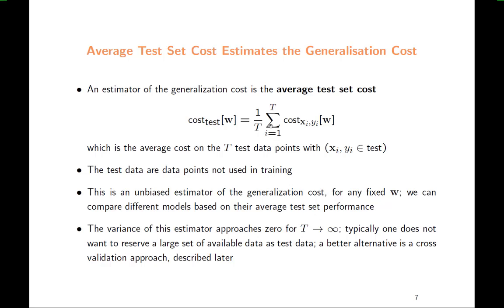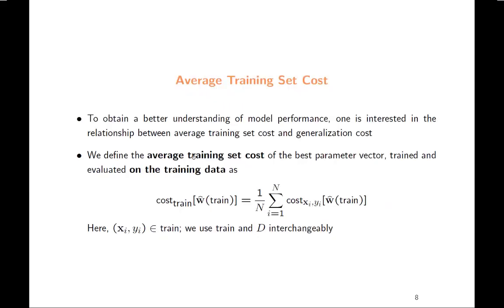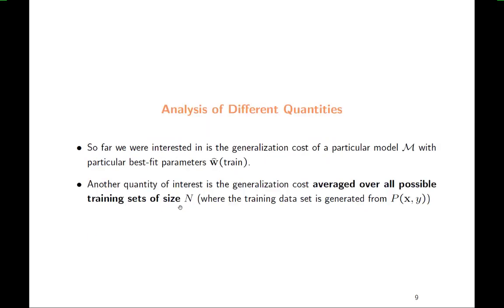We can consider the average test set error, and this is a good estimate of the performance of a model on generalization on test data, or we can look at the average training data, and we write it like this. So W hat is optimized based on the training data, and we evaluate the cost also on the training data.